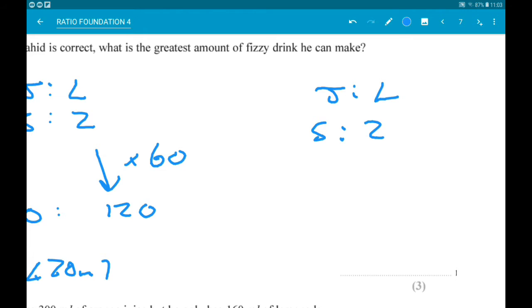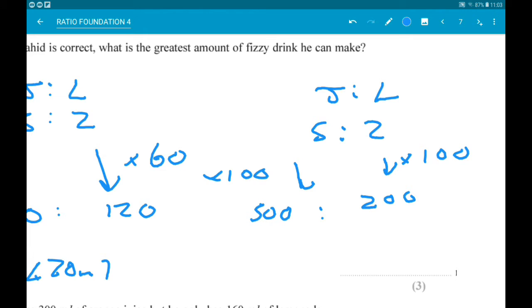Okay, so, if we're going for the lemonade, he has 200 ml of lemonade. So here we're multiplying by 100. So 5 times 100 is 500.